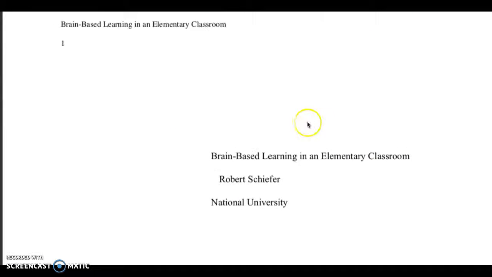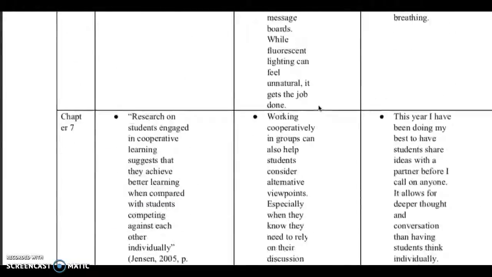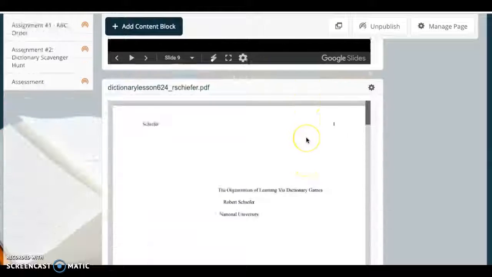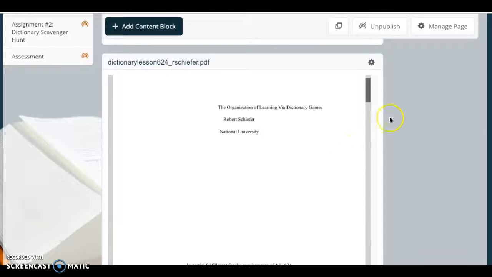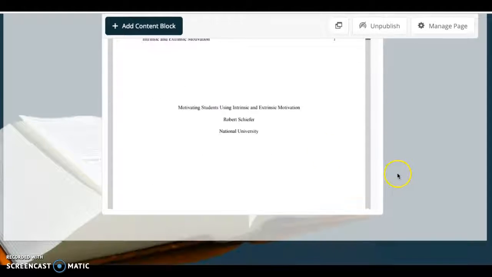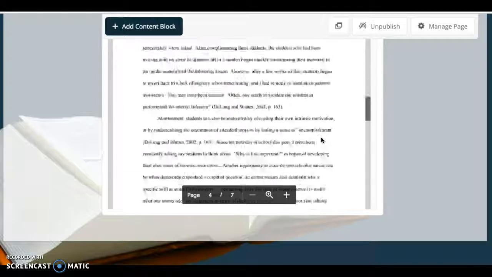There's a big focus on brain-based learning in this course and AIL 620. Further assignment, elaborating upon the L 2.4E standard, as well as a report on the differences between extrinsic and intrinsic motivation.